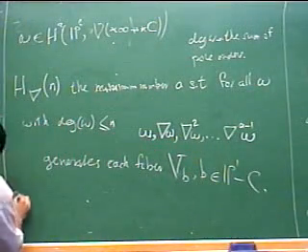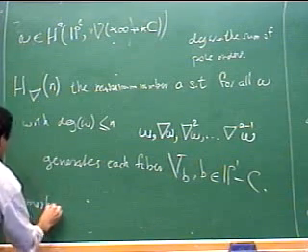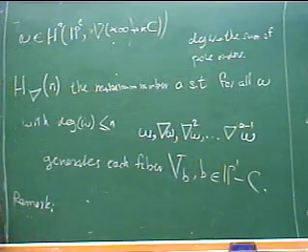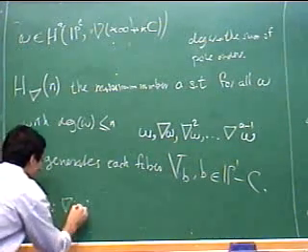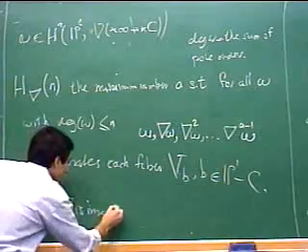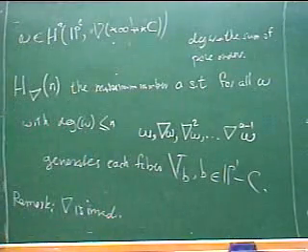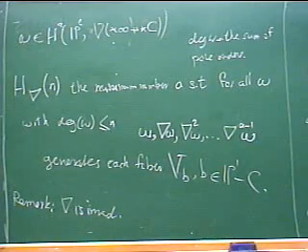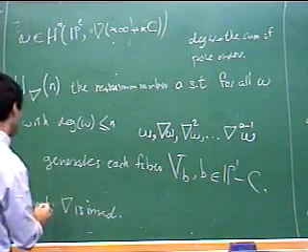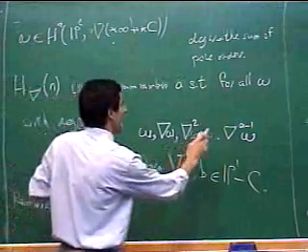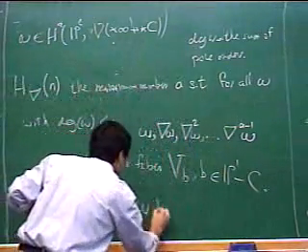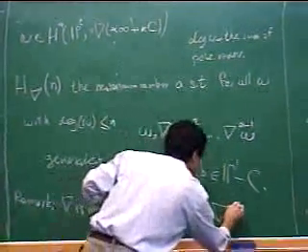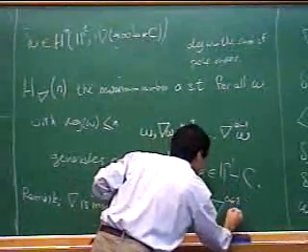Just a remark. When nabla is irreducible, then omega, nabla omega, until nabla^(alpha-1) omega.